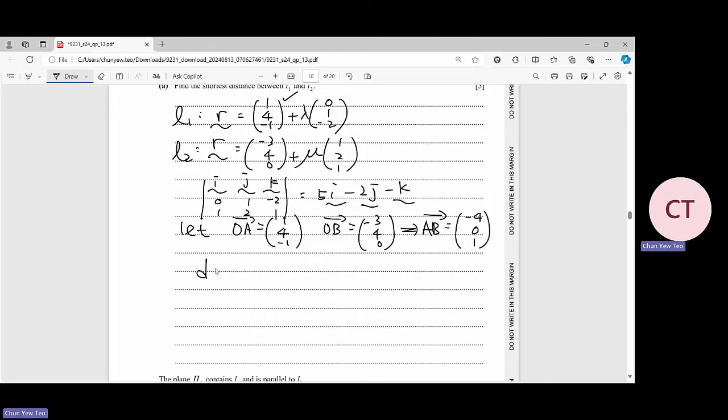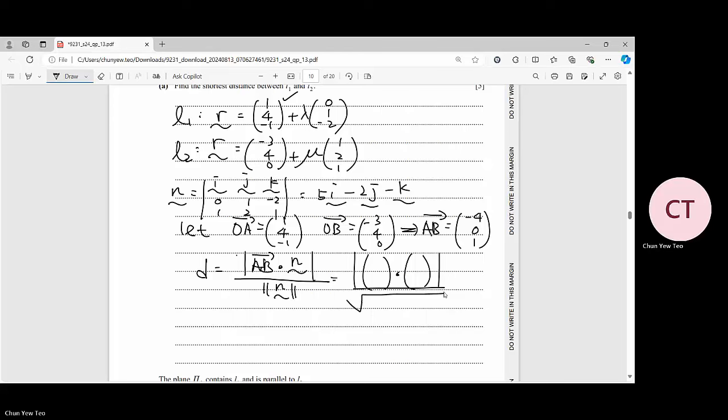So the formula for the shortest distance, I call this one the normal, N. It will be the modulus of AB dot N, divided by the magnitude of the normal vector. This is the formula. What is your N?